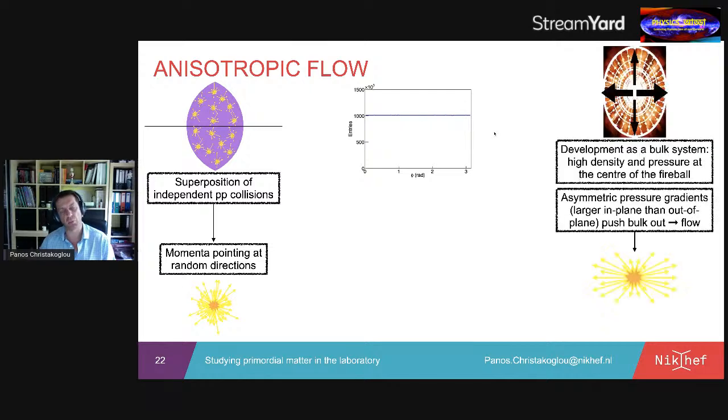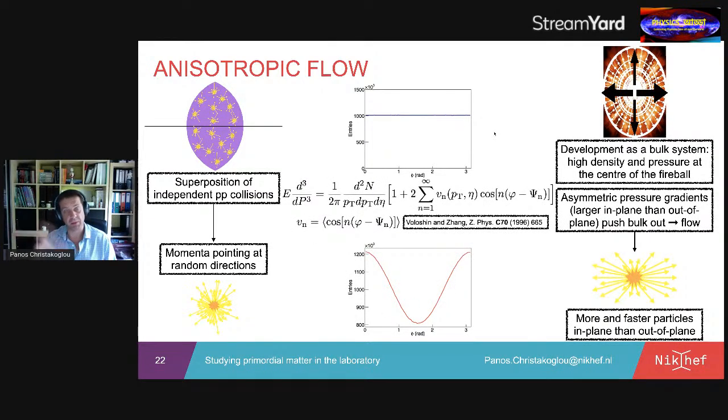On the other hand, the other extreme case would be the development of a system which is driven by its high density and pressure at the center of the fireball. So you have larger pressure along this axis, which is the short axis, what we call in plane, and slightly smaller pressure along this axis, what we call out of plane, the long axis of the ellipse.